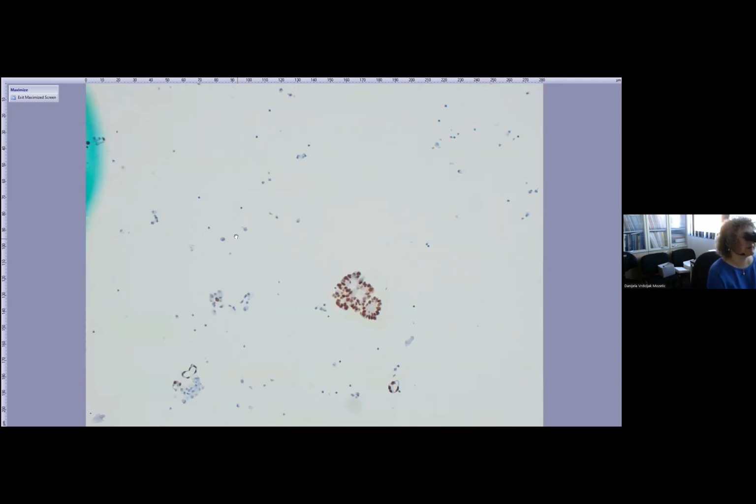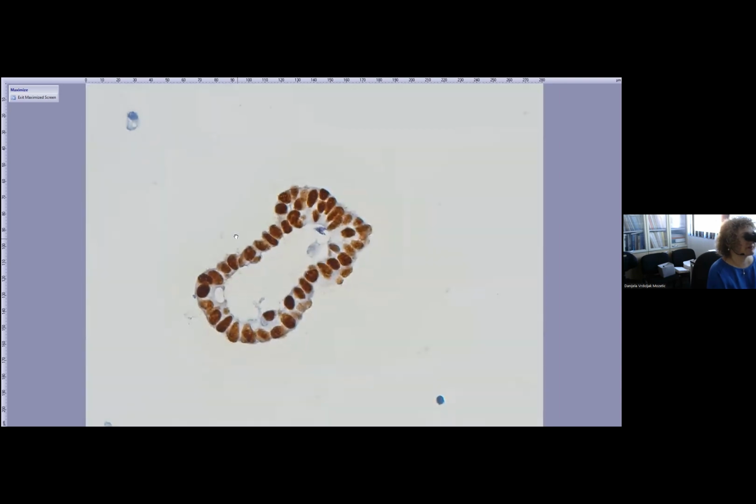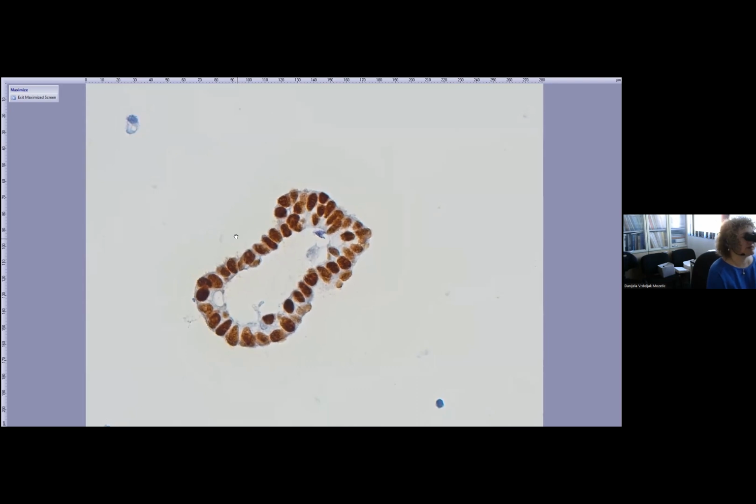And p53, because these cells were a little bit small and monomorphic, but the p53 was so intense and expressed in all tumor cells, so it defines the tumor as high grade. When it's a mutant type, here it is a high expression in all cells, or the other situation will be that we have null expression with no expression at all.